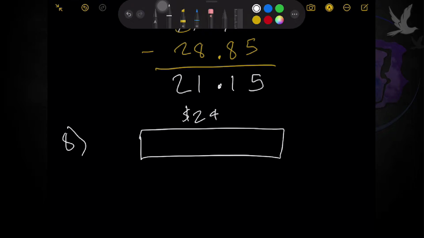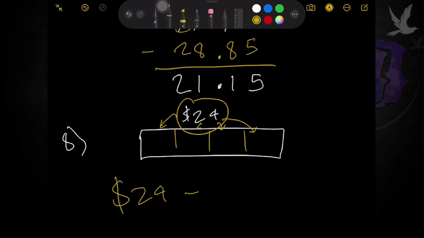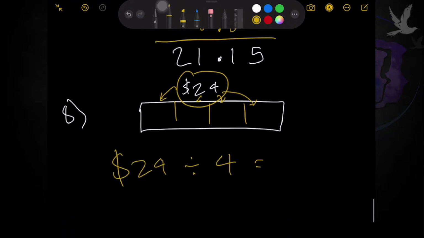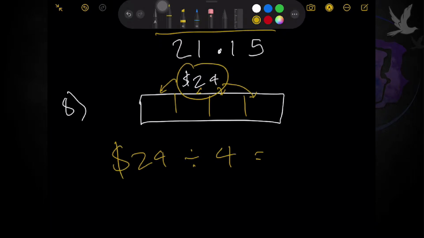So basically the present costs $24 and it is being shared by 4. So we just subdivide our given unit by 4. So basically $24 is being shared by 4. That's $24 divided by 4. From there you'll be able to get how much each friend should pay.